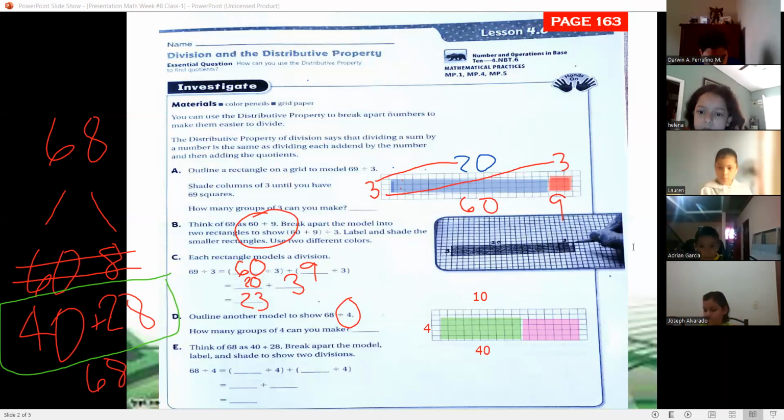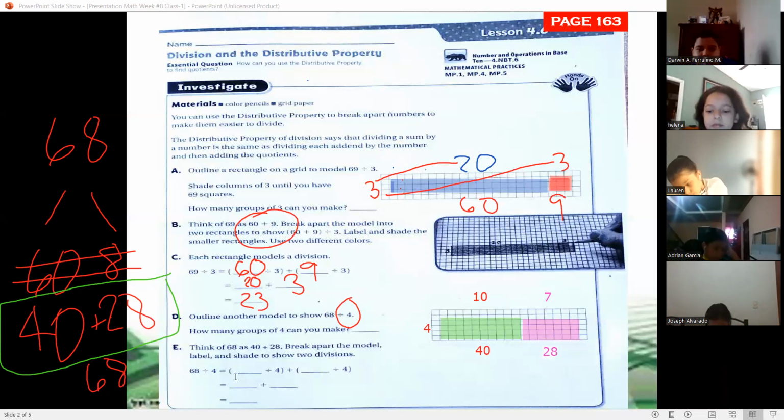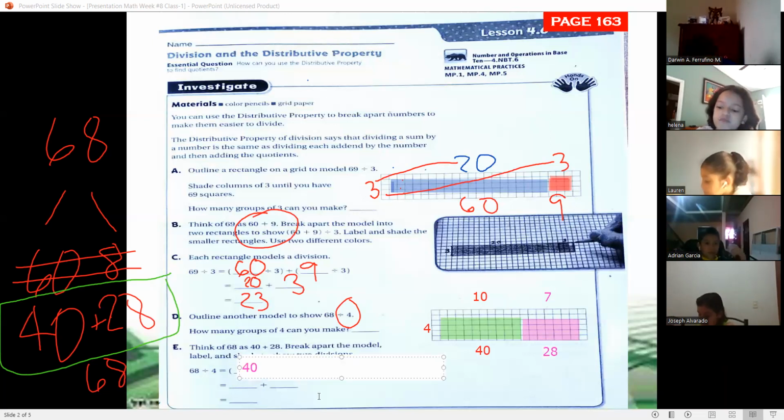I have 4 rows of 7 because 4 times 7 is 28. Okay, so in here I'm going to write 40, and in here I'm going to write 28.